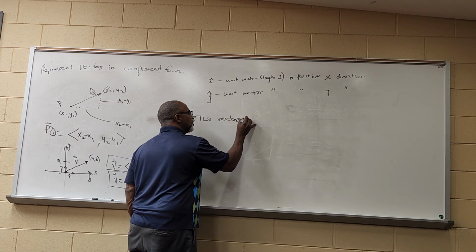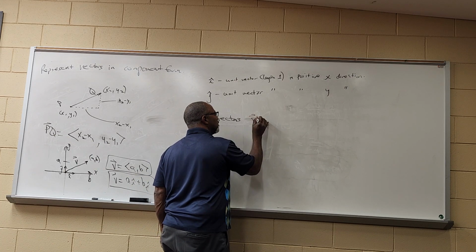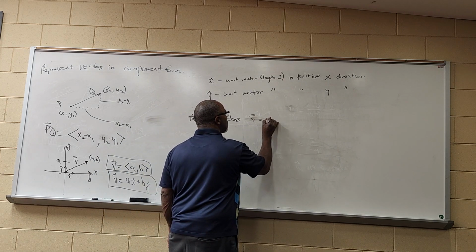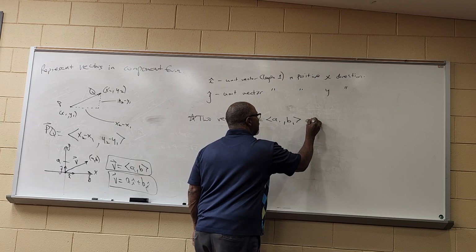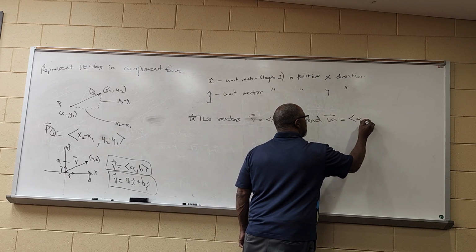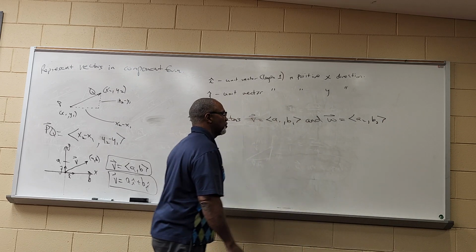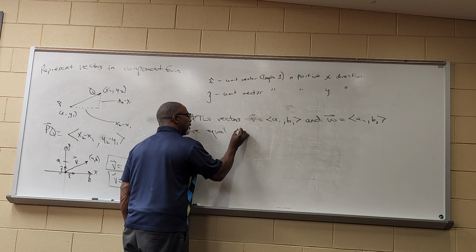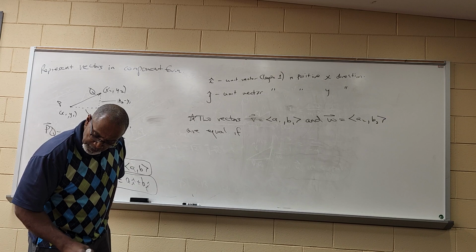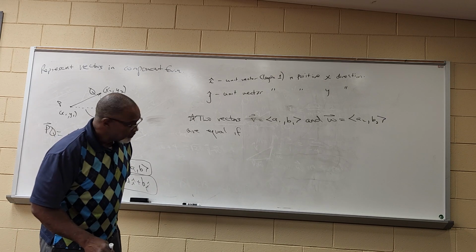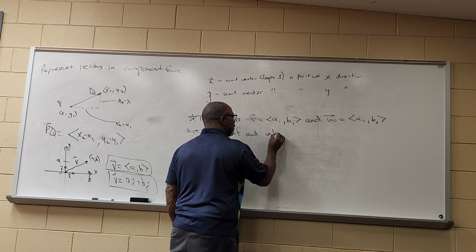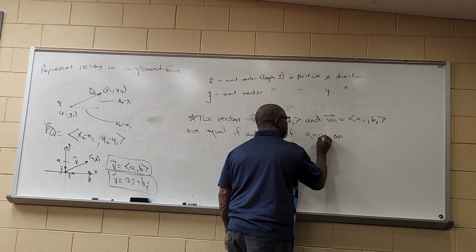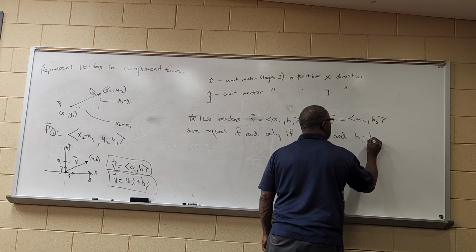Two vectors, let's say V equals A1, B1, and W equals A2, B2, are equal if and only if A1 equals A2, I'm sorry, and B1 equals B2.